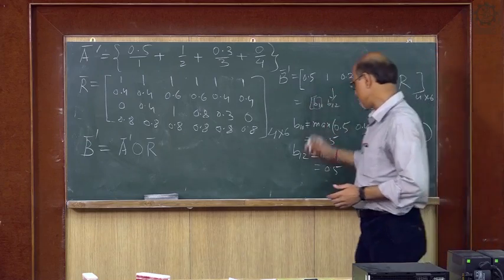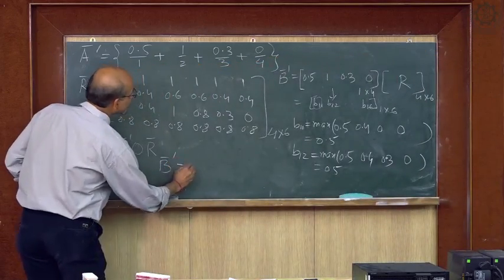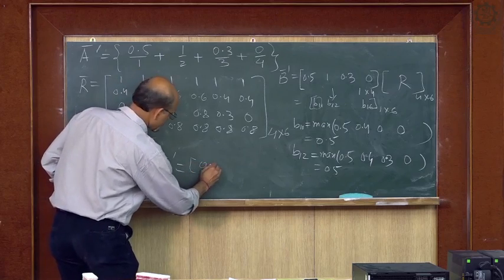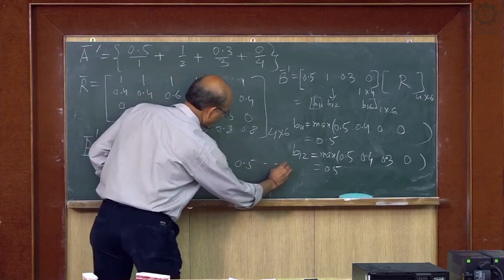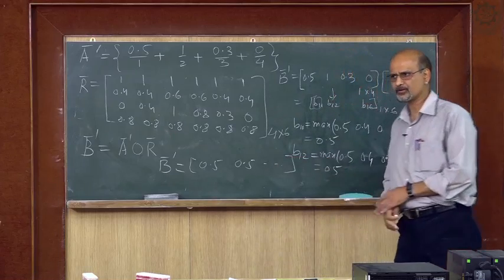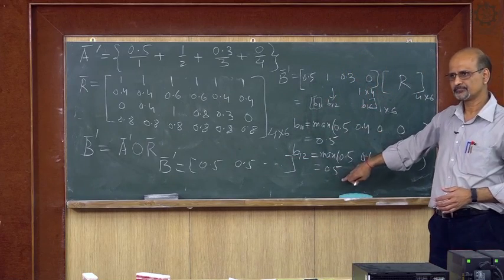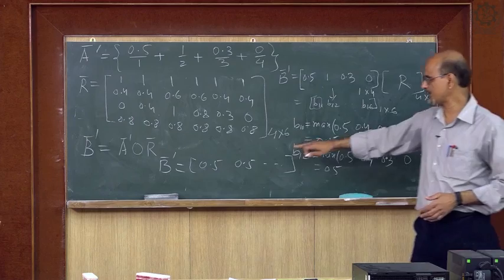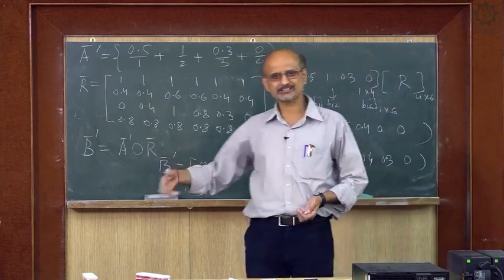So then you will get B bar dash, whose first two elements are 0.5, 0.5 and whatever else you get. Clear? This way you can do max min, and similarly you can use max product.